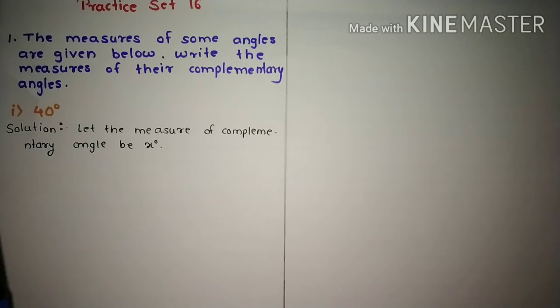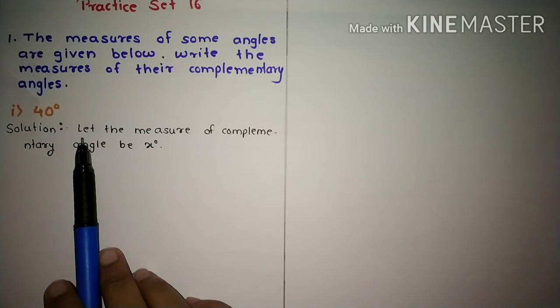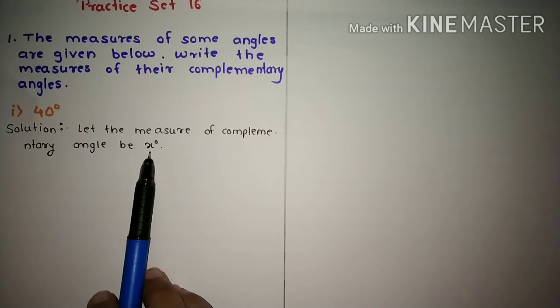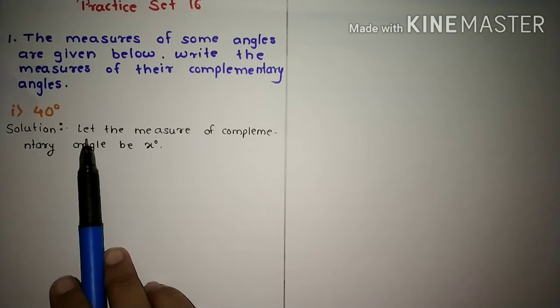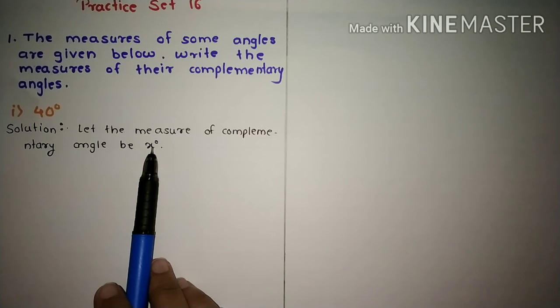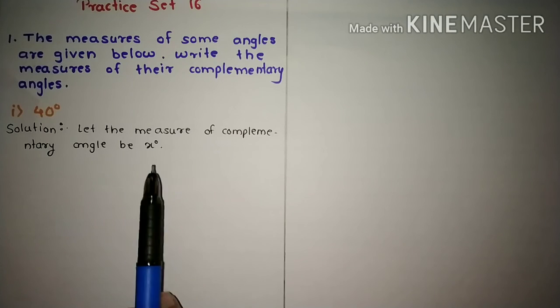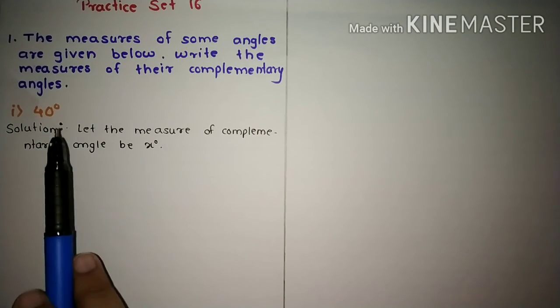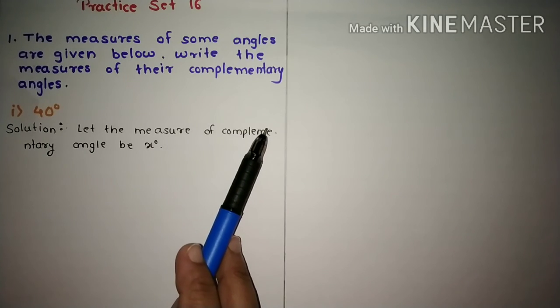Let's see the solution. First we have to suppose the measure of the complementary angle be x degrees. So, we write here, let the measure of the complementary angle be x degrees. You know that complementary angle means the addition of two angles is 90 degrees.